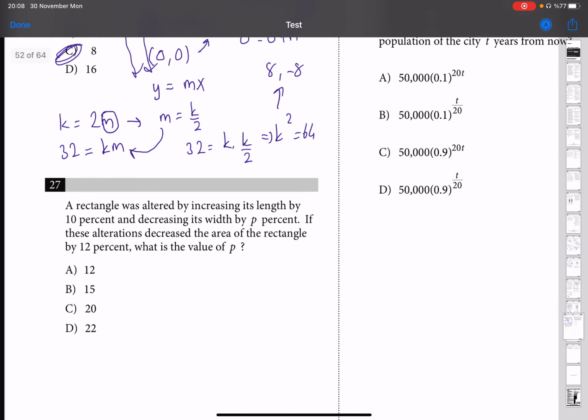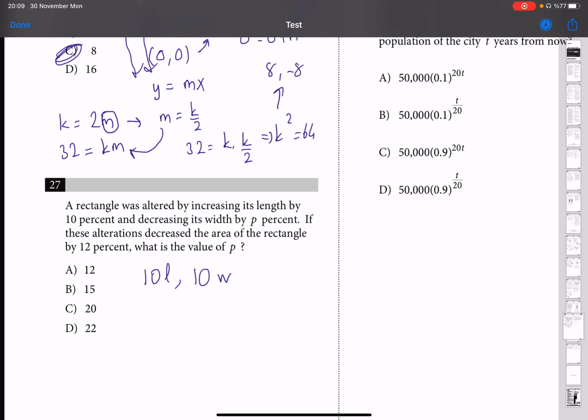Next question. A rectangle was altered by increasing its length by 10% and decreasing its width by p%. Let me assume the length at the beginning is 10L and the width is 10W, okay?